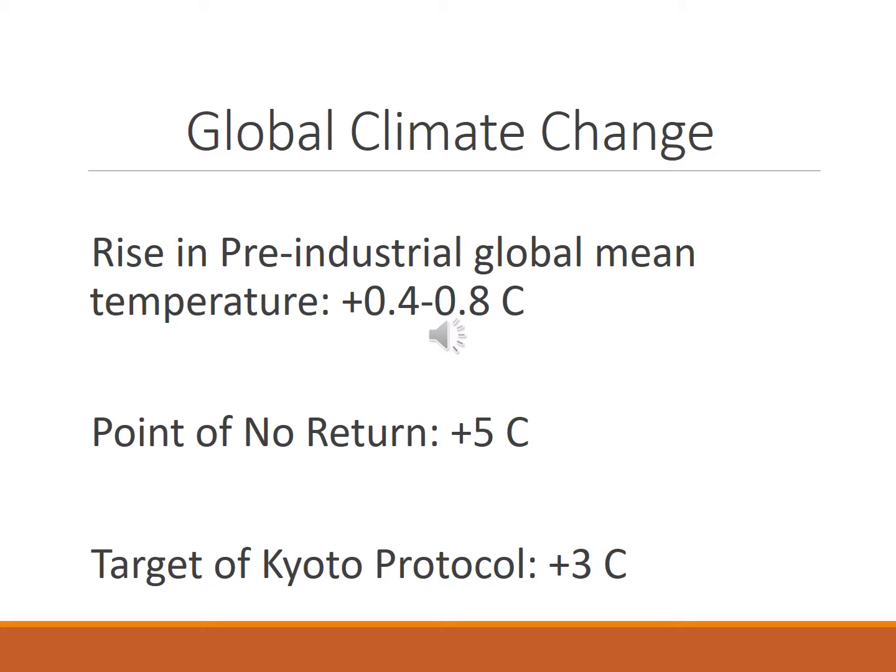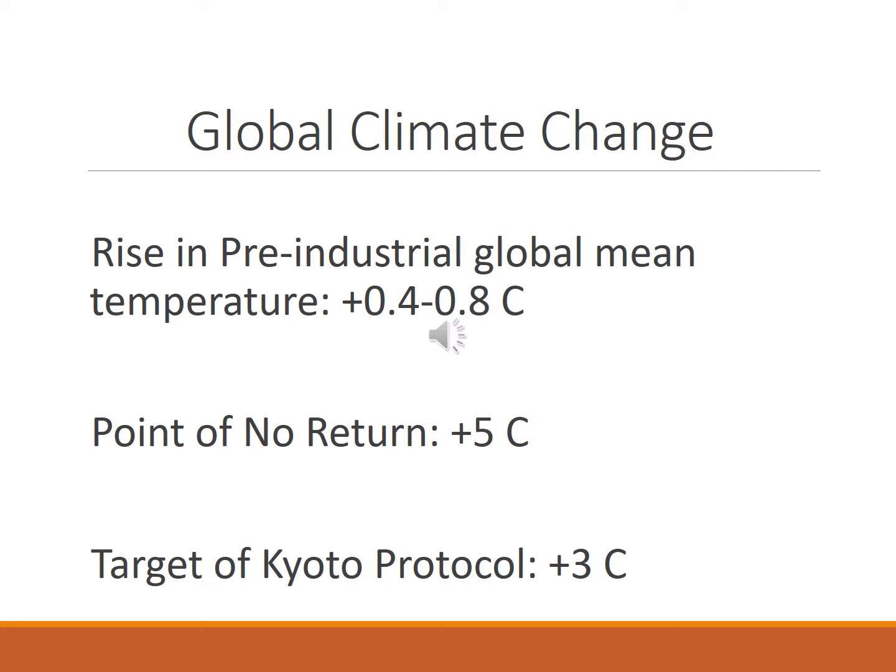These numbers are a little bit old. The numbers are more between 0.5 and 1 degree Celsius increase. That in and of itself is not a problem. The trend, however, indicates that we are on a track to see as much as 5 or 6 degrees Celsius increase in the pre-industrial global mean.